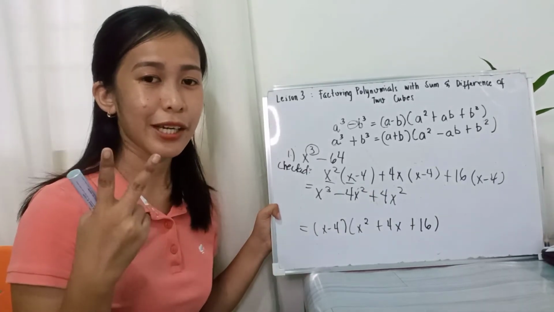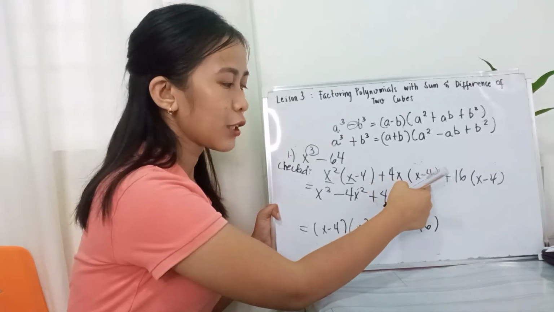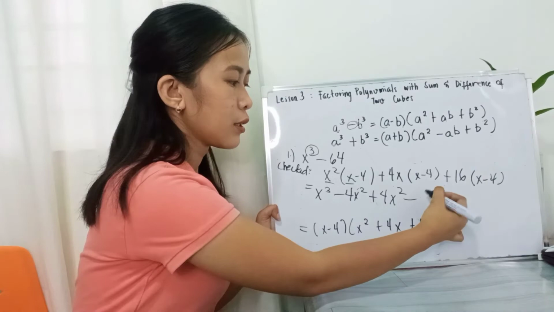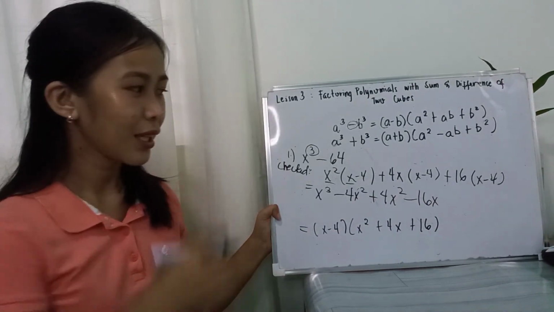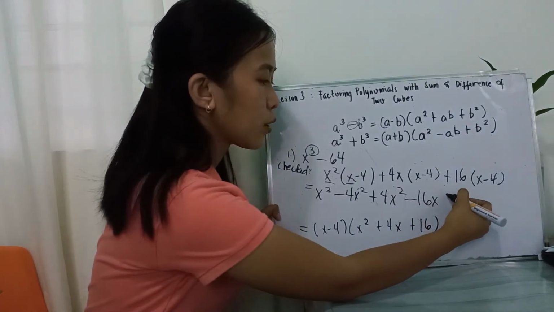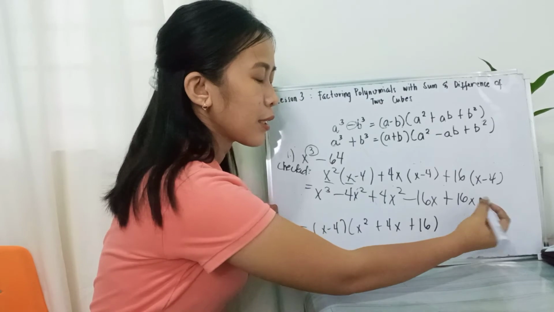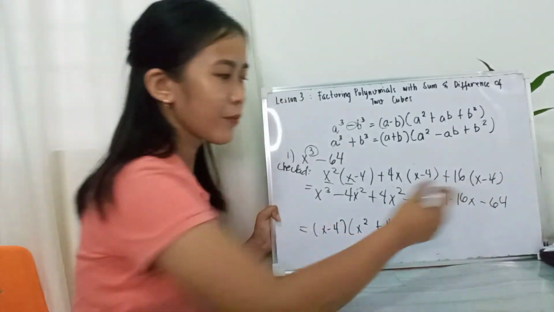Dalawa yung magiging exponent. Minus 4x times negative 4 is of course negative 16x. Tama? And then, plus 16 times x, that is 16x. And then 16 times negative 4, that is negative 64.